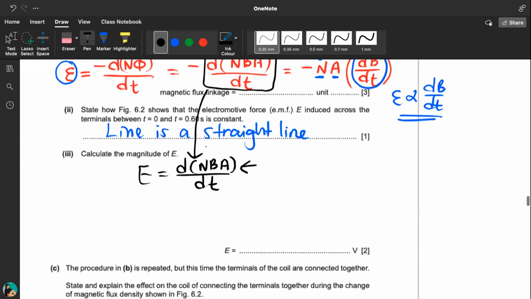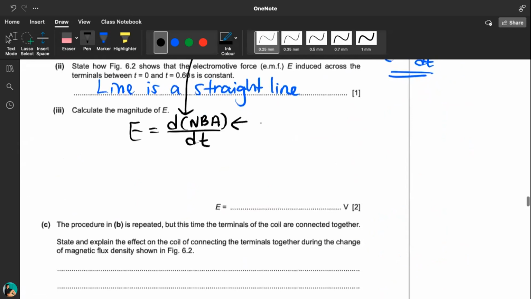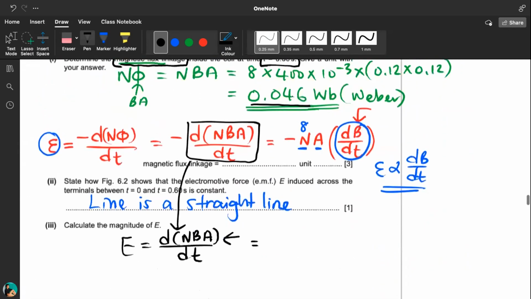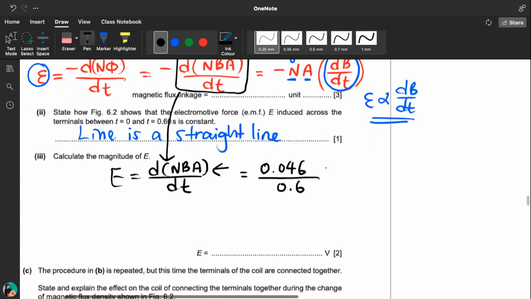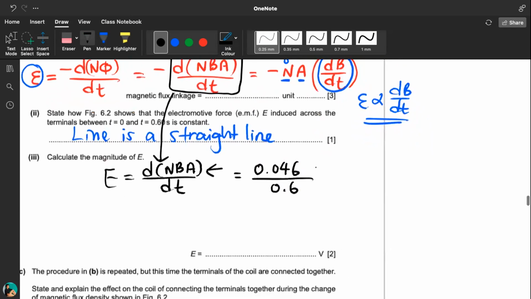So that means I can just take the answer here, 0.046, minus 0, but it's the same, over 0.6 second. This is 0.077 volt.